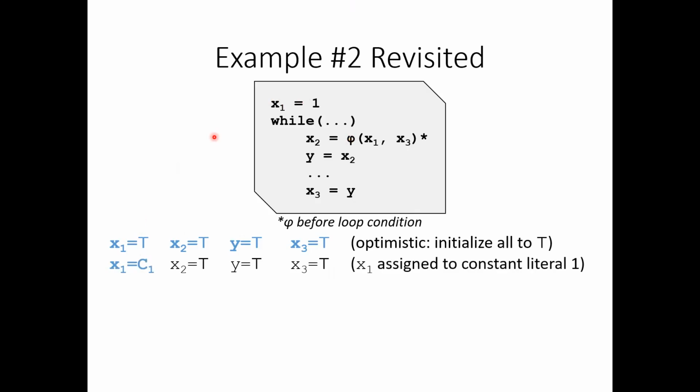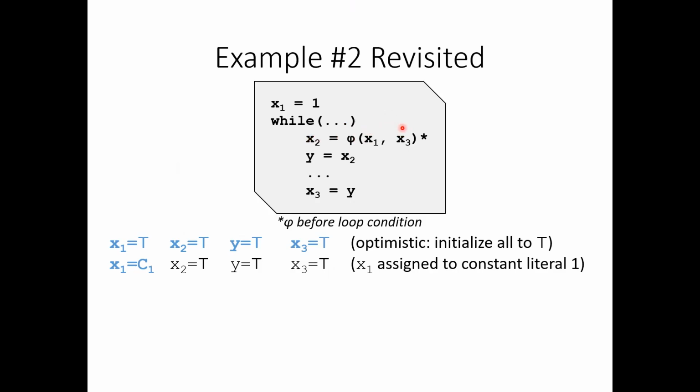Okay, great. Now we go to x2. X2 is phi of x1, x3. Okay, so what should x2 be? Well, x1 is constant 1, C1, and x3 is top. So then x2 is going to be the meet of C1 and top.